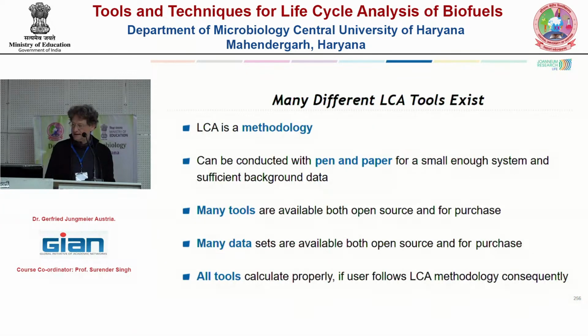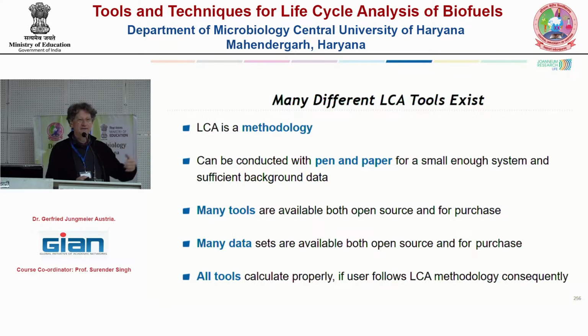So as I've mentioned before, there are many different LCA tools that exist. LCA is a methodology, and normally in these tools, the methodology is properly included. In many cases, you start an LCA with a pen and paper.